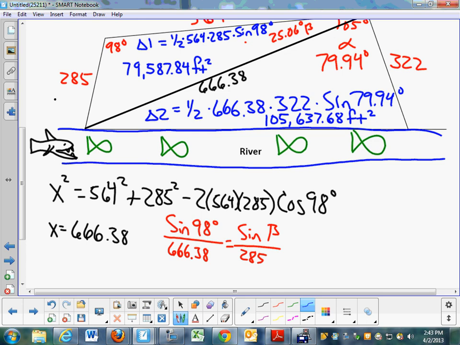So that's triangle 2, 105,637.68. So now I have to add those together. Add the 79,587.84 onto that. I added the two areas together, I get 185,000 approximately, or about 3 acres.